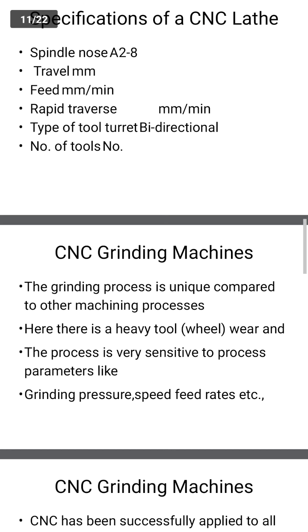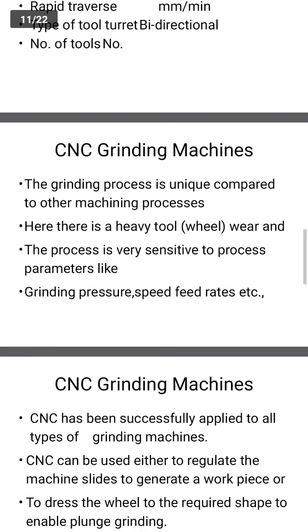Next, CNC grinding machine. What is this CNC grinding machine? Grinding means removing some of the material to make whatever size is given, and to make it smooth, taking off the rough surface. CNC grinders are machine tools which use rotating grinding wheels to achieve material removal on a metallic workpiece.